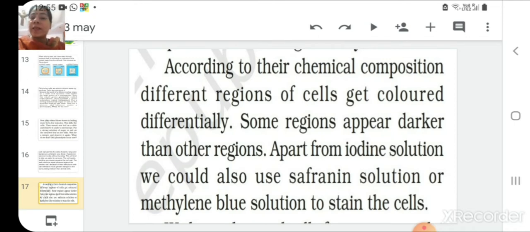These three are the major stains which are generally available in most laboratories: iodine solution, safranin stain, and methylene blue. Staining is a technique which helps us to observe the sample under a compound microscope. It imparts a color to the material which you are going to visualize in the compound microscope. When the material gets stained, gets colored, your visualization becomes much easier.